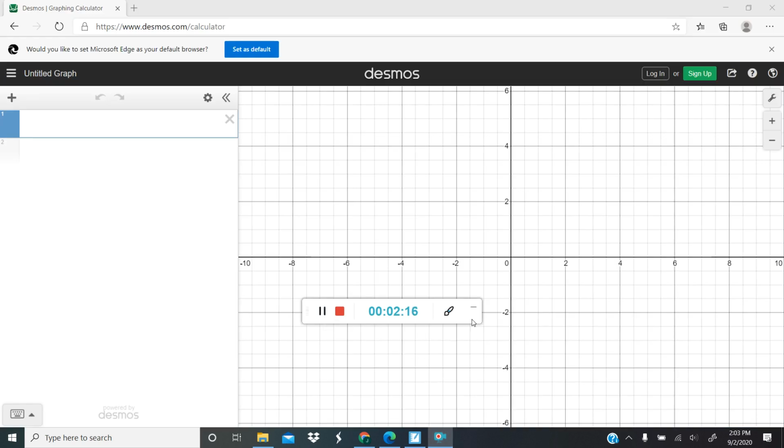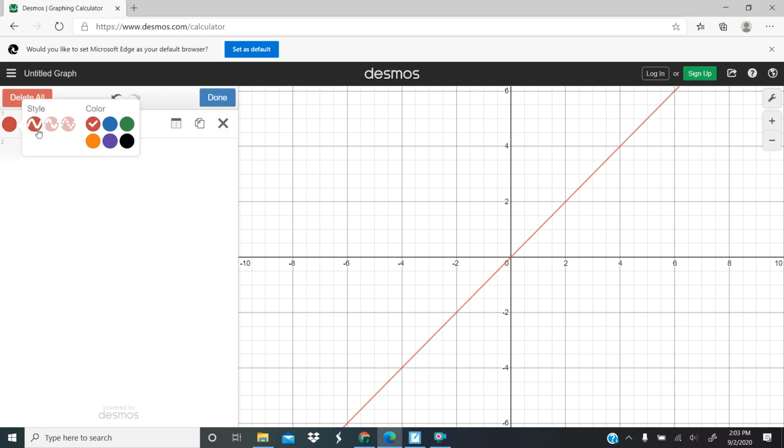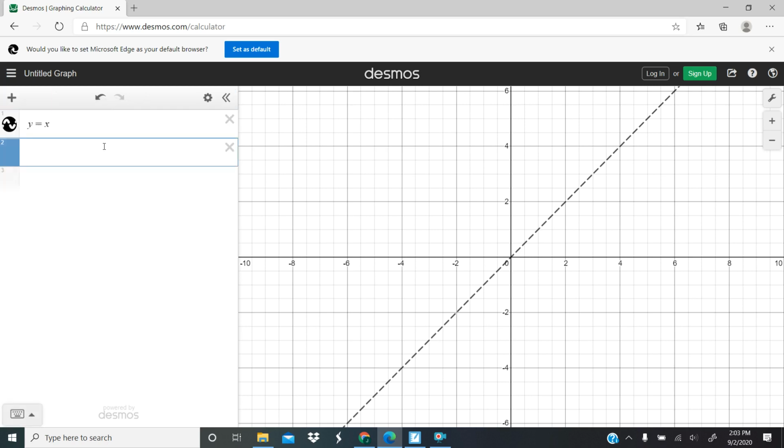Now I want to show you what I mean when I say it's going to be reflected over the line y equals x. The first thing I'm going to do is graph the line y equals x, and I'm going to leave that in there for all of them, just so that you can see the way that it's going to look. So I just want a dotted line there. And then I'm going to graph my original function.